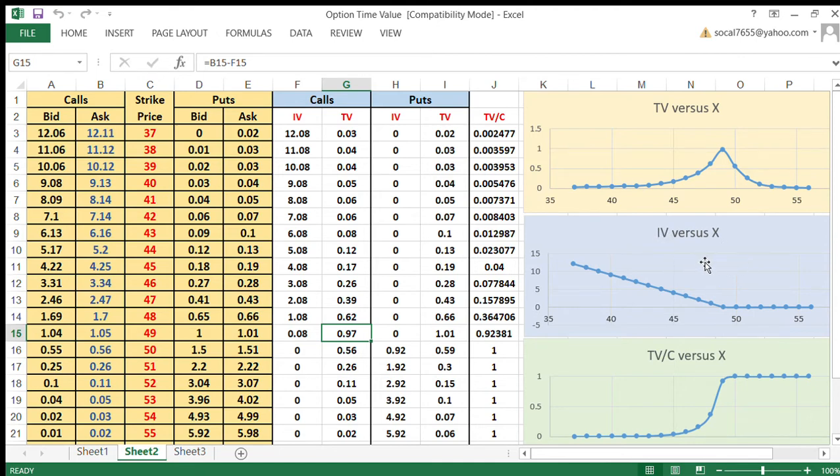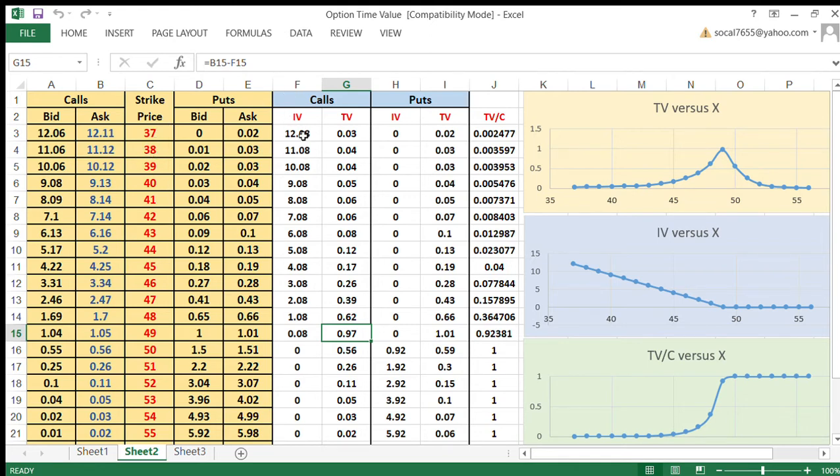Right there in the light blue, and these are for the calls. Intrinsic value, as you can see, starts off at 12.08 and 11.08, decreasing in a linear fashion because the stock price is 49.08 and the strike price is just getting larger.